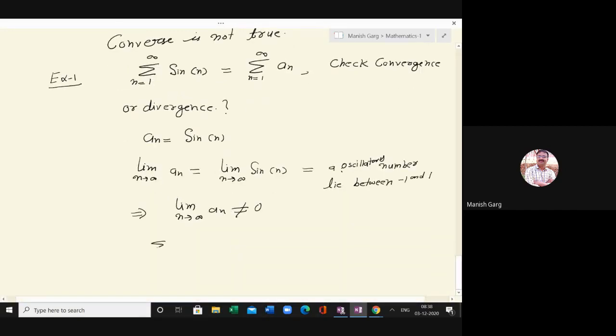So what can you say? The series sum from n equals 1 to infinity of sin n diverges. It does not converge.